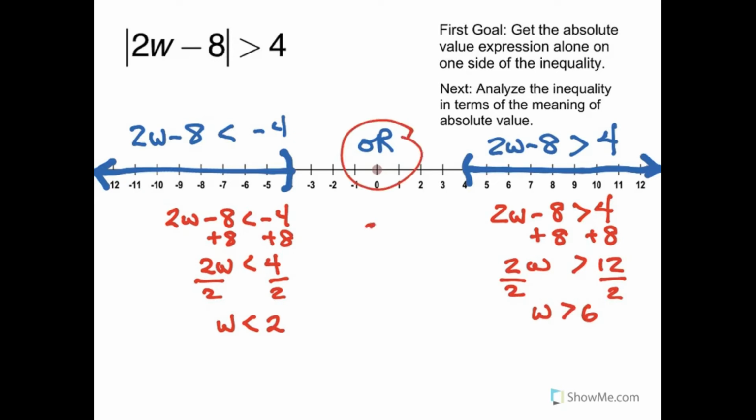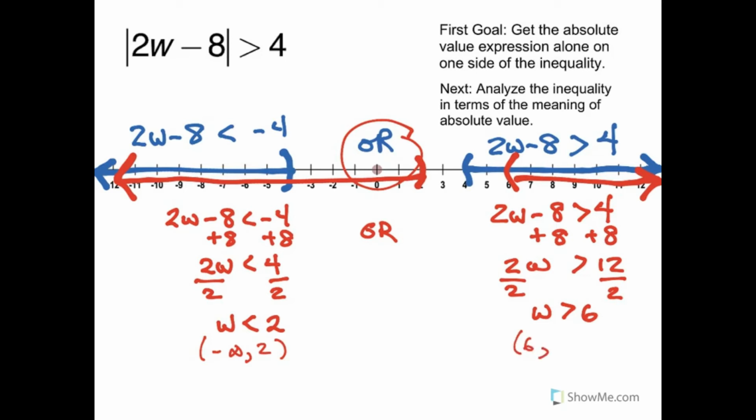Now the OR just carries on here, so let's put these two inequalities on the number line. Either w is less than 2 or w is greater than 6. To write those intervals, the one on the left is from minus infinity to 2, and the one on the right is from 6 to infinity.